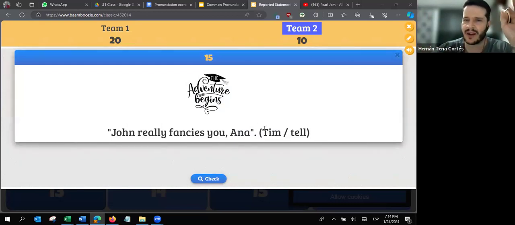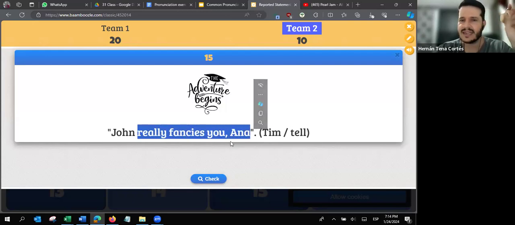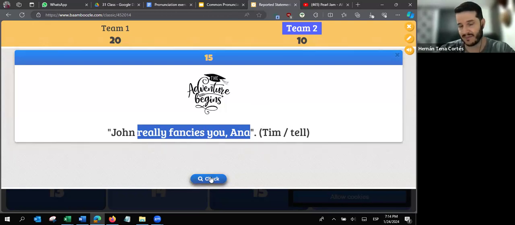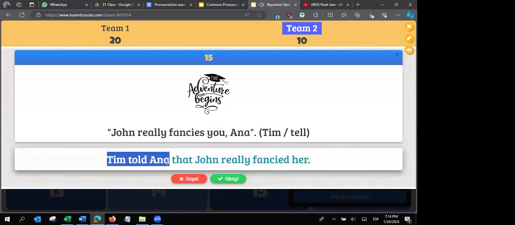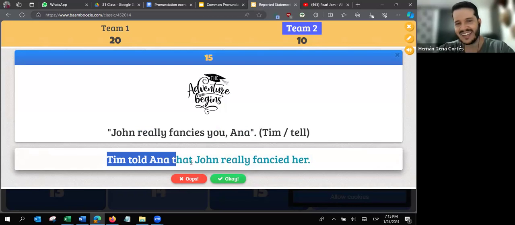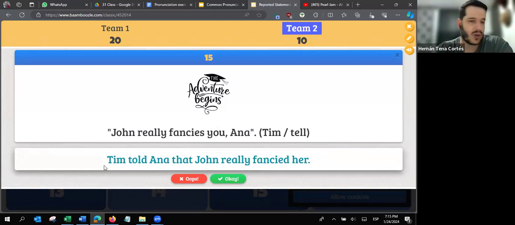You got the first part right. Tim told John, but let's take a look at the order of these words. Tim told John, Anna really fancies him. Or Tim told Anna that John really fancied her. But you got it. We got the told here because it's the past. Just a little bit of the order.